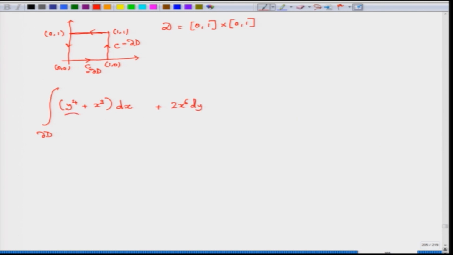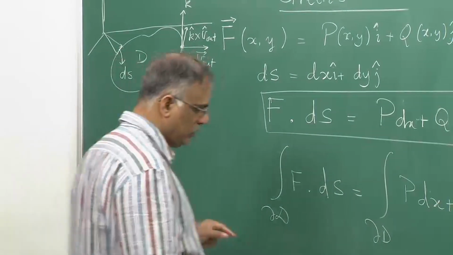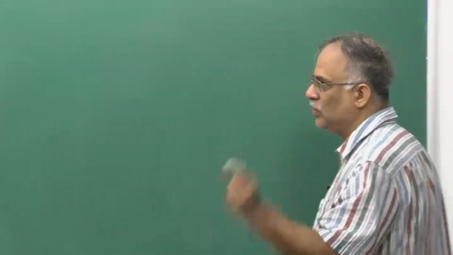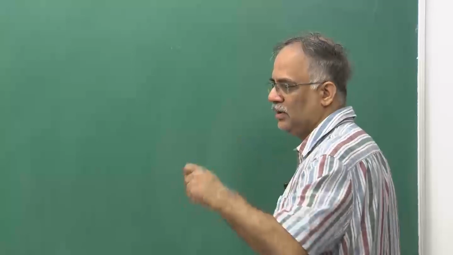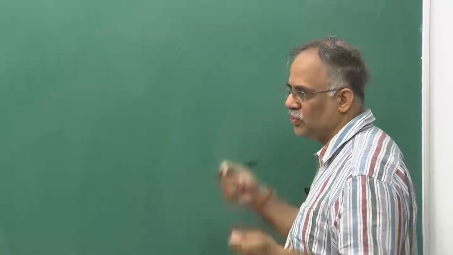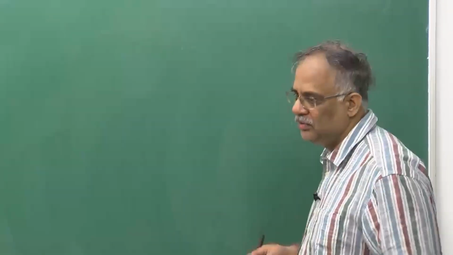So here is my P, here is my Q, but I go from one point and come back to the same point, so it is kind of strange. It is a full circle, not going from A to B, so I would have to work out separately the limits of the parameter t, and then work it out.